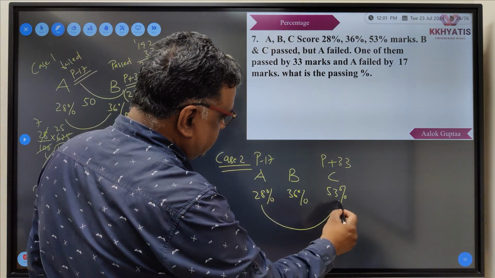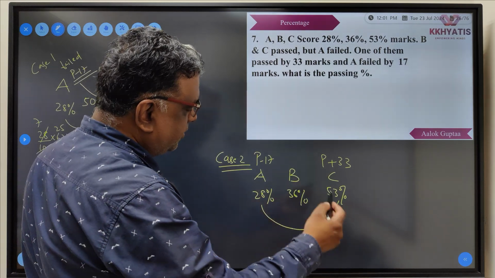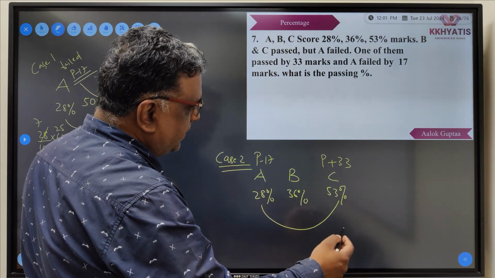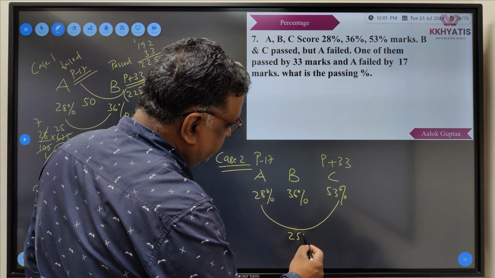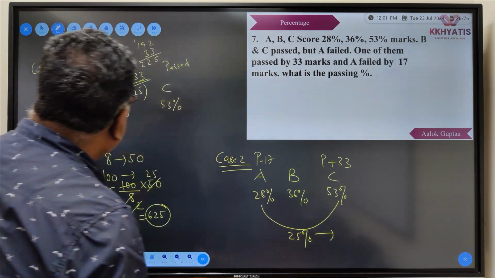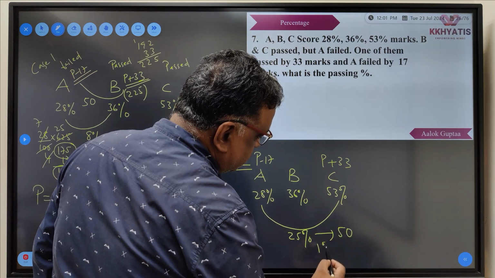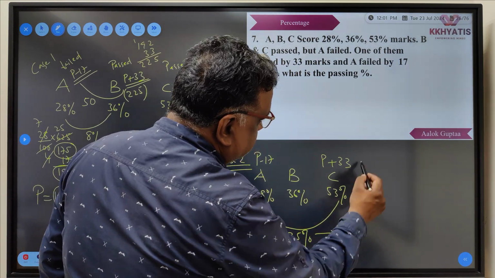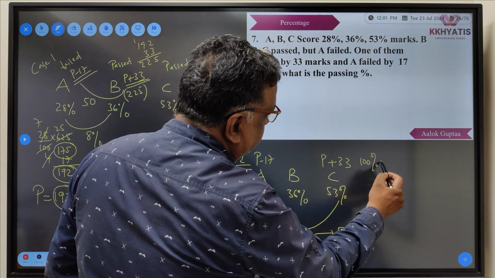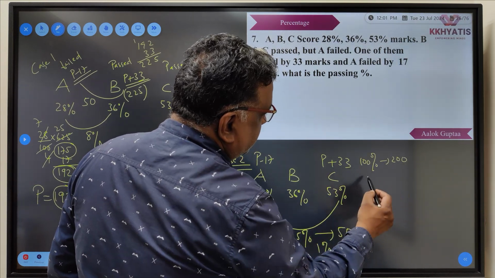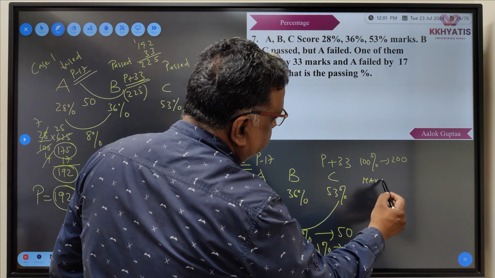What is the difference between these two? 28, 38, 48, 25. So the difference is 25, which corresponds to the difference of 50, which means 1% corresponds to 2, which means 100% will correspond to 200. So in this scenario my max marks is coming as 200.